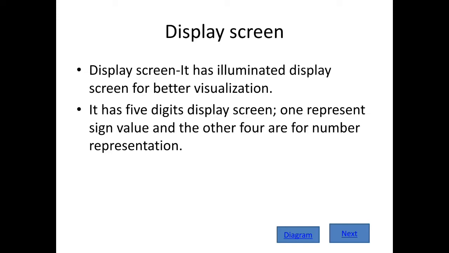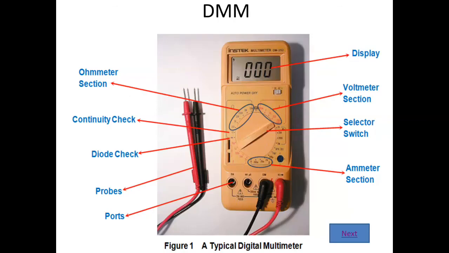One represents the sign value and the others are for numbers. If you look at this diagram, 4 digits are there. One is for your sign, whether it is positive or negative, and the other 3 are for your number. Depending on the manufacturer, the display can change and can also have a different number of digits.